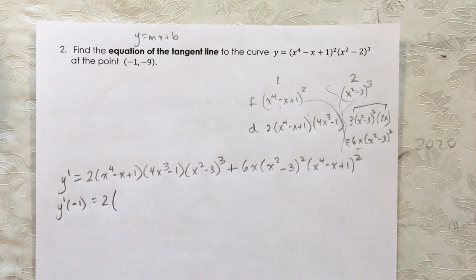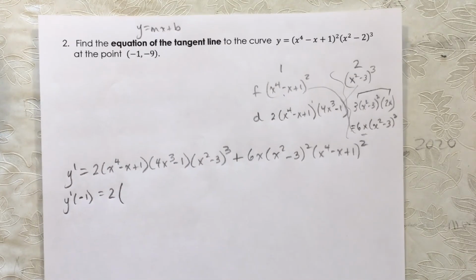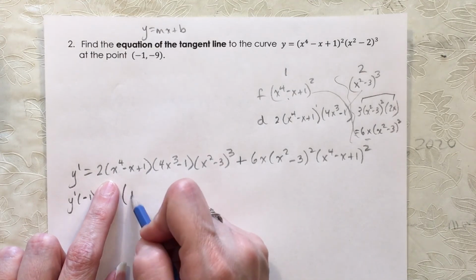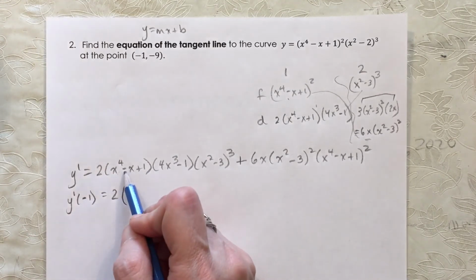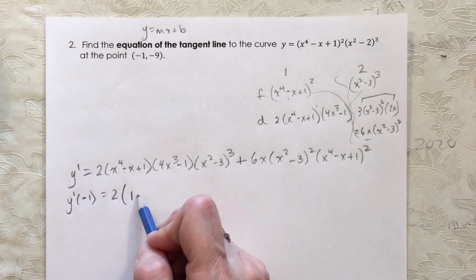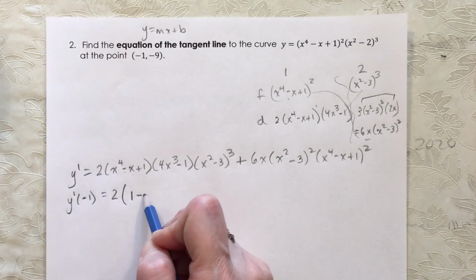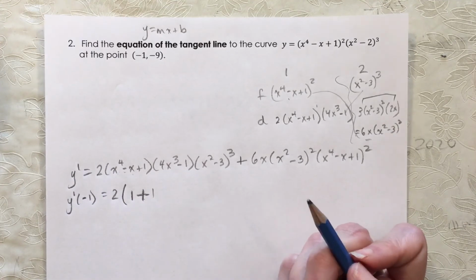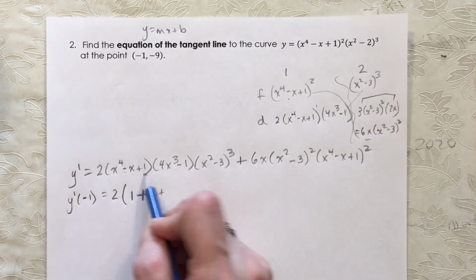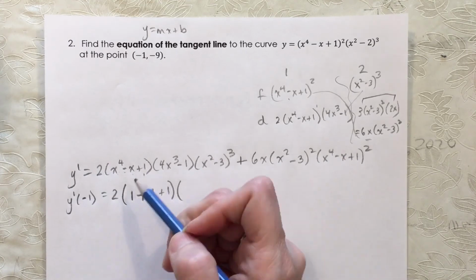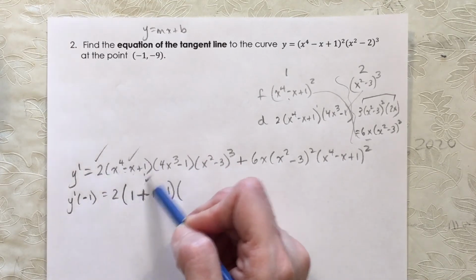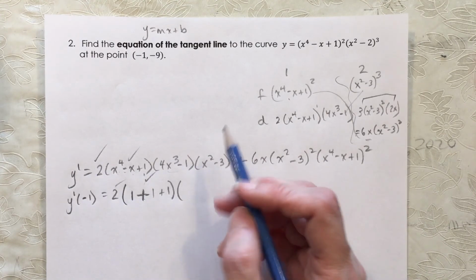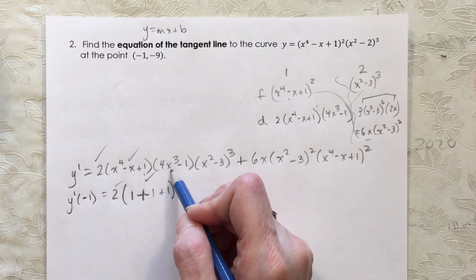And I'm going to think through a lot of it, so watch me as I do it. So -1 to the power of 4, I know that's +1. Then it's minus -1. So minus -1 is the same as +1. Okay, minus a negative is adding. +1 again from here. So there's my first bracket. Now I'm on this third bracket here, so that's going to be 4 times -1 cubed.